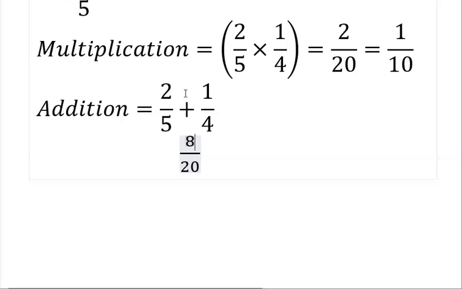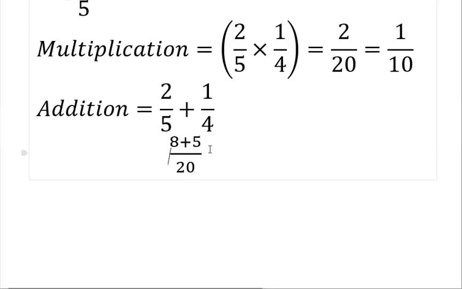Because we are dealing with addition, we add. How many times will 4 go in 20? That's 5 times. 5 times 1 will give us 5. So this is just an example. I'm just trying to explain so that we can understand the basic principle behind BODMAS.